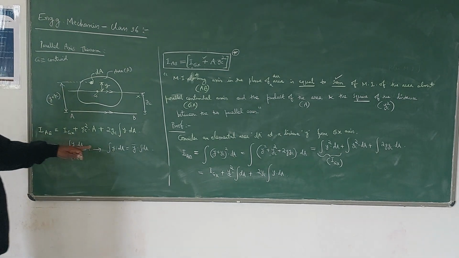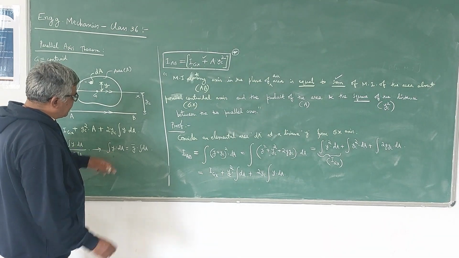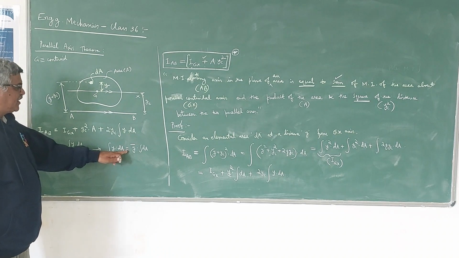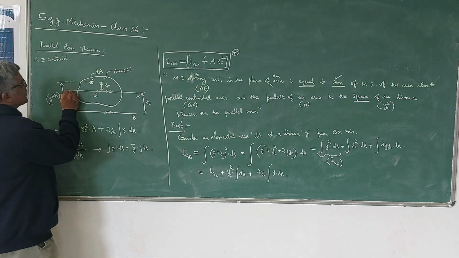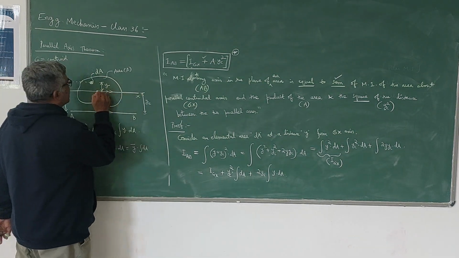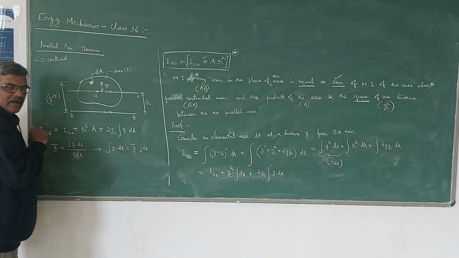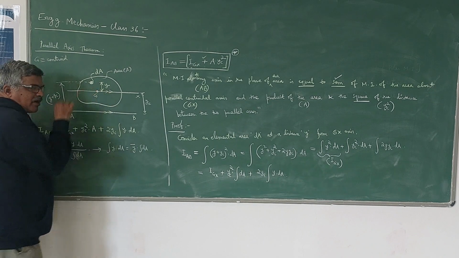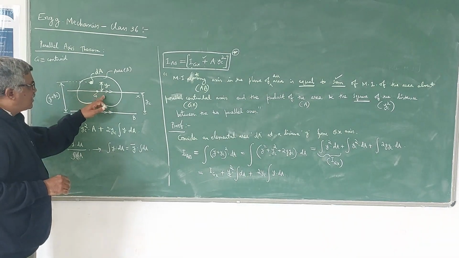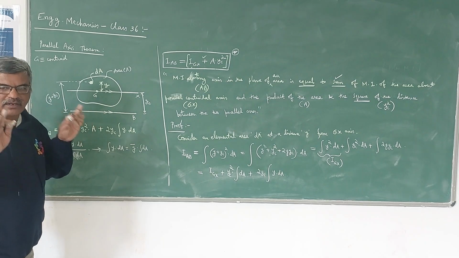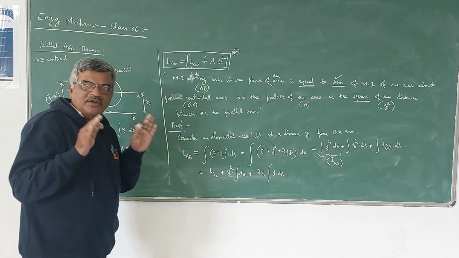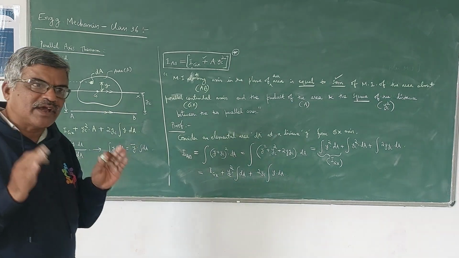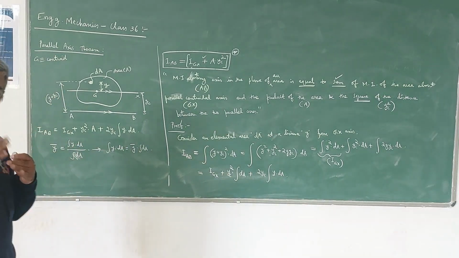Now if I use this concept here, y bar becomes 0. The reason is I have taken this axis as the x-axis and the centroid lies on this axis itself. According to the definition of centroid, the distance of the centroid from the x-axis is y bar, and from the y-axis is x bar.